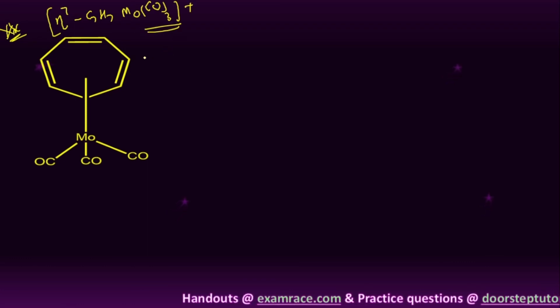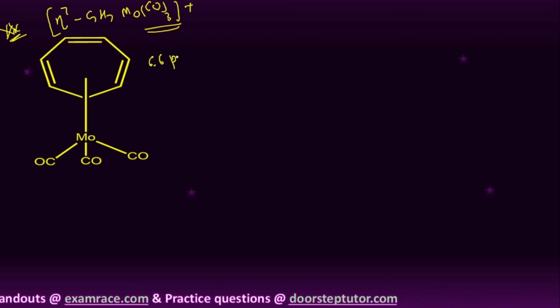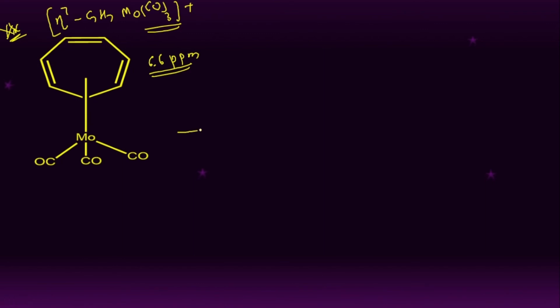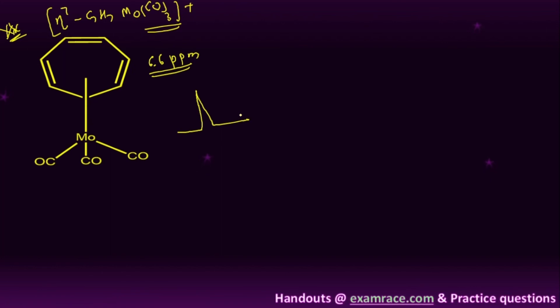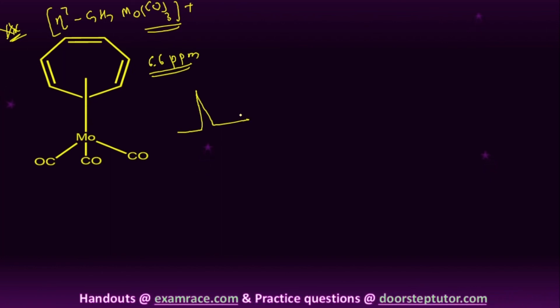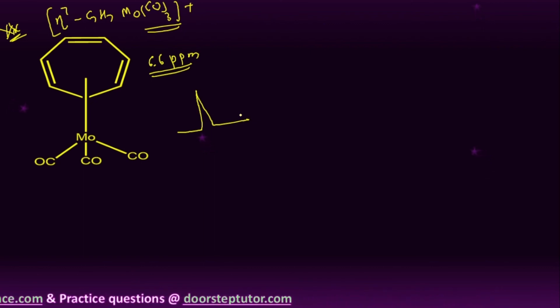It shows only one signal in the NMR spectroscopy at 6.6 ppm, students. So all these protons are chemically equivalent, and therefore it gives only one sharp signal at 6.6 ppm. So this is about the NMR spectrum of eta-7 C7H7 molybdenum tricarbonyl, right?